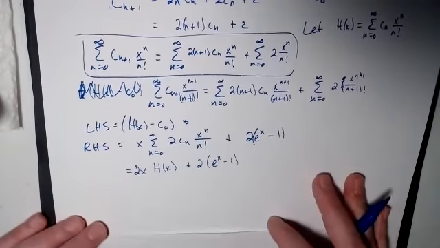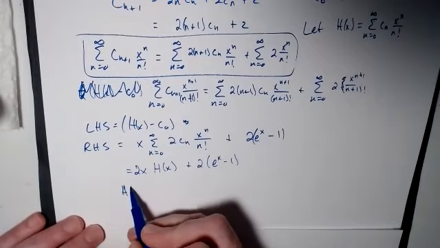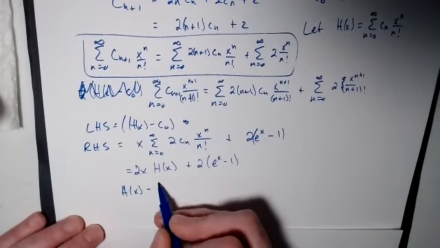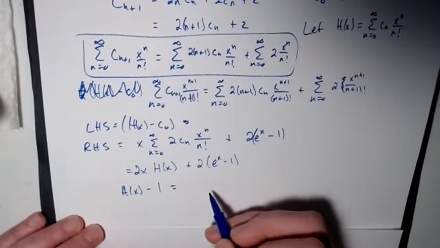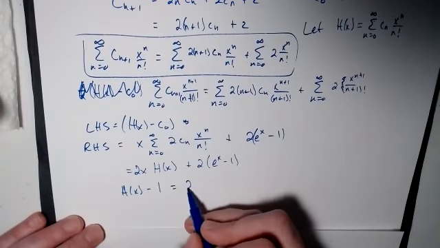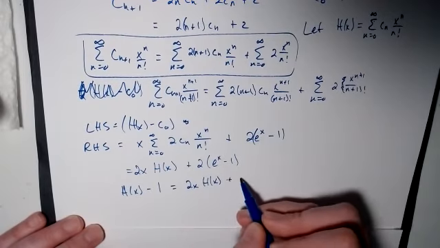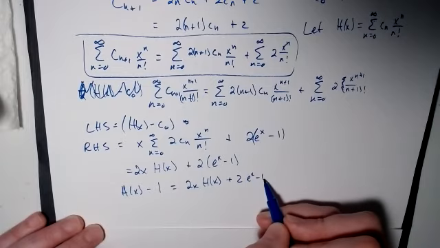Putting that all together, we get h of x minus C0, which is 1, equals 2x h of x plus 2 times e to the x minus 1.